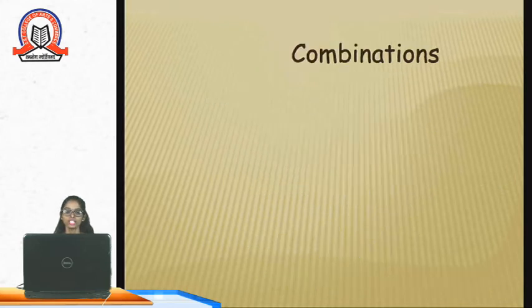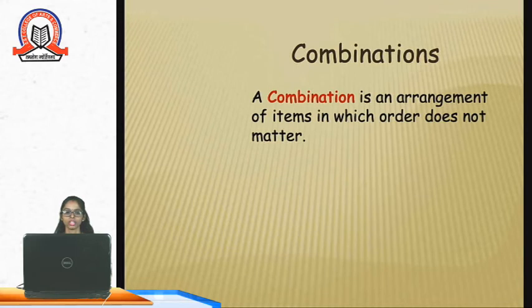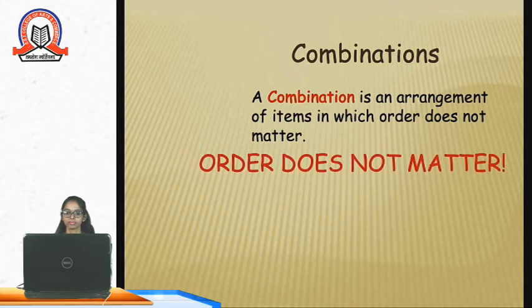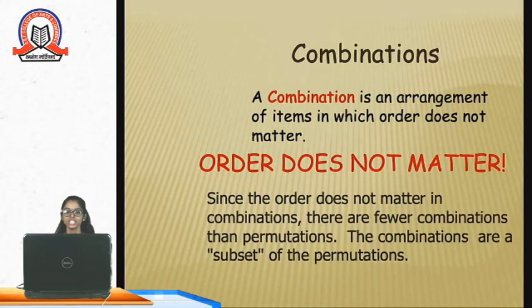Now next one is, what is the combination? Combination is also an arrangement, but the difference is that order does not matter. In permutation, order matters, but in combinations, order does not matter. That's why combination is our smallest set and permutation is our largest set. Therefore, combinations are a subset of the permutation.